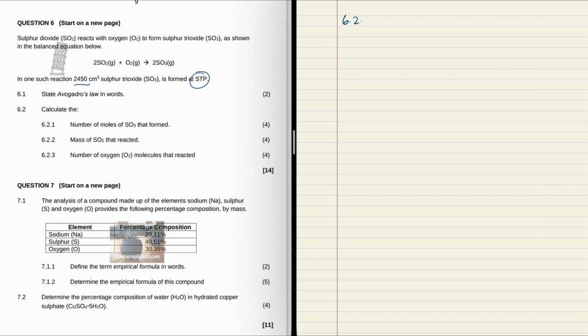Question 6.2.3, calculate the number of oxygen molecules that reacted. So here I will do a mole ratio again. Now the mole ratio for SO2 to O2, doesn't matter which one we use at this point, is 2 to 1. So if I have 0,11 moles here, I'm going to have half the number of moles for oxygen. So this is going to be 0,055 moles.